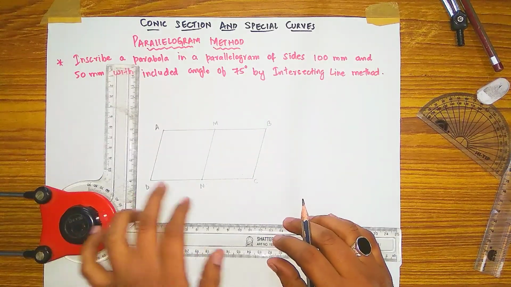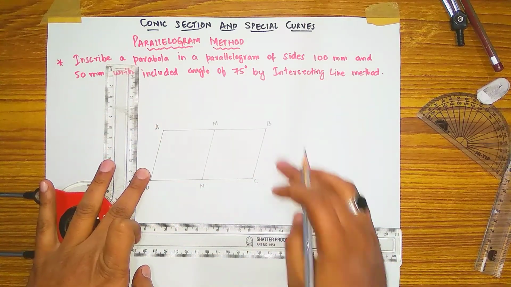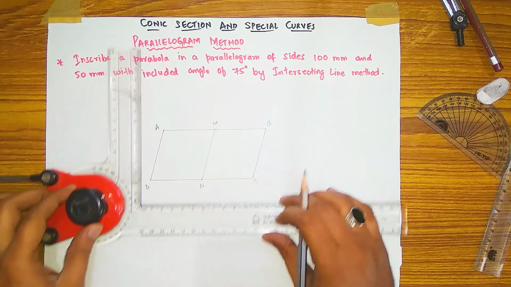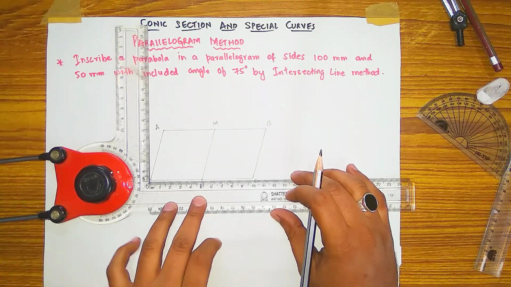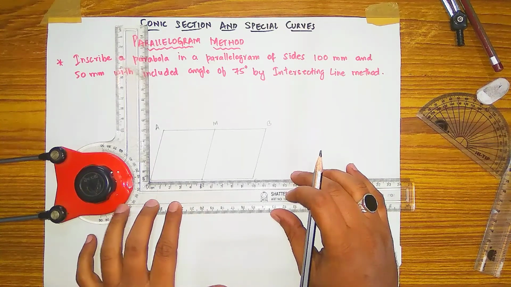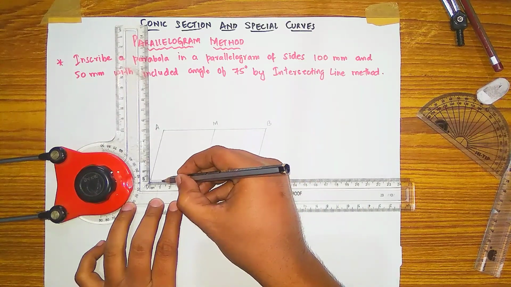Then divide this line into 8 equal parts, and these lines into 4 equal parts each. This line is 10 centimeters, so to divide 10 into 8 equal parts, each part will be 1.2 centimeters, which means 12 mm.